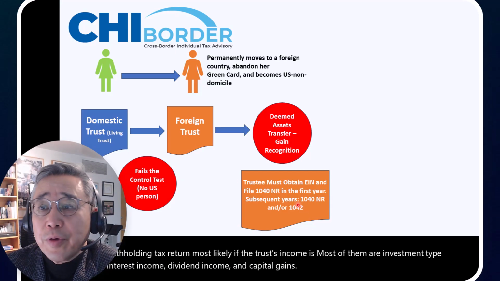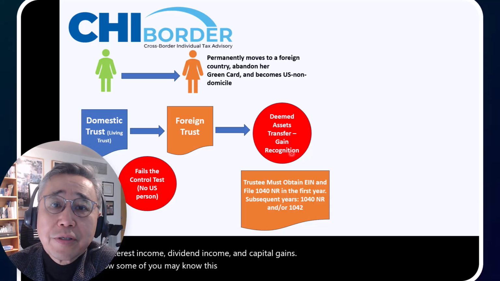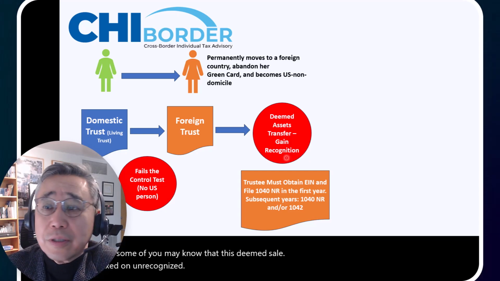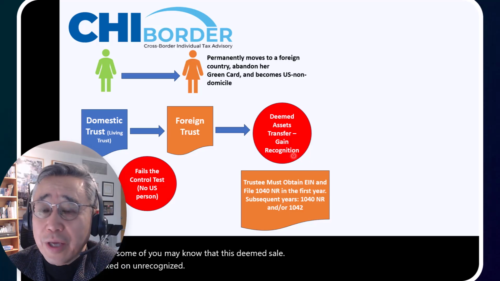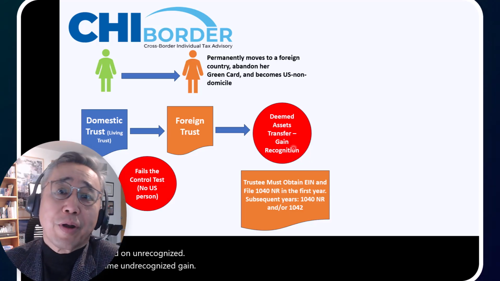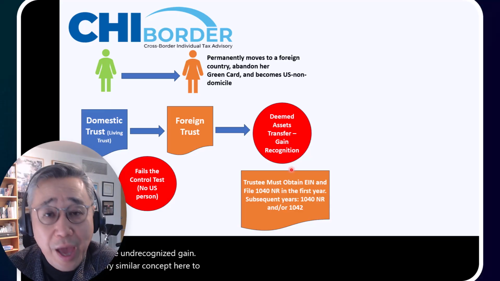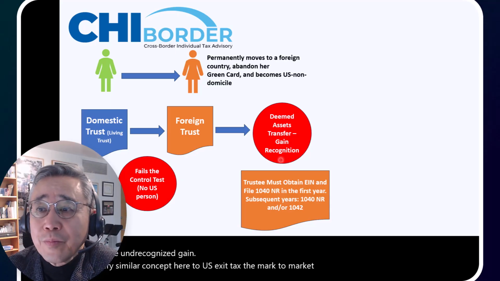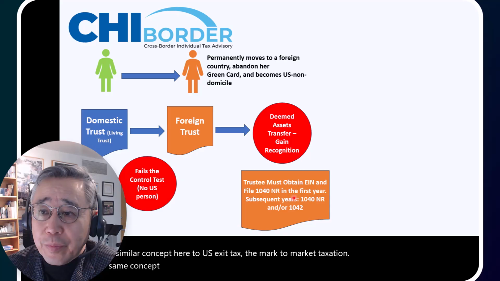Now, some of you may notice that this deemed sale is taxed on unrecognized gain. Very similar concept here to the US exit tax, the mark to market taxation. So, the same concept applies here.